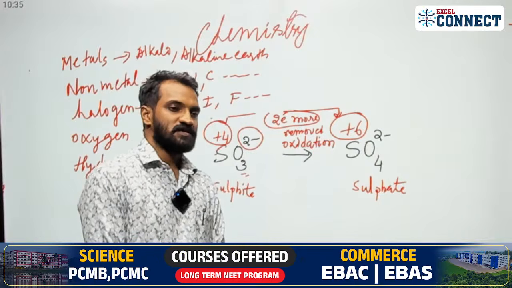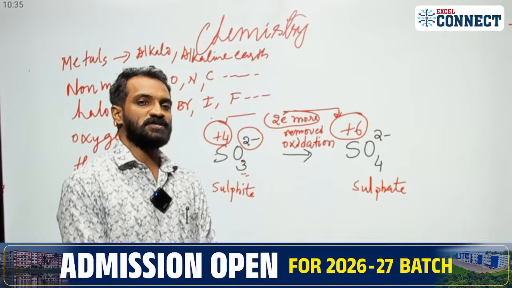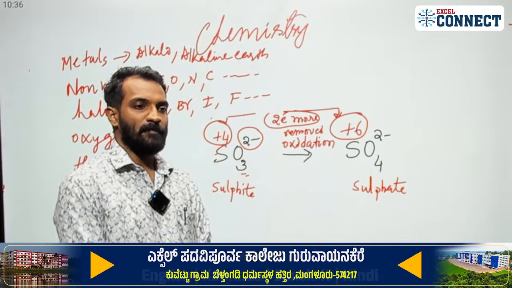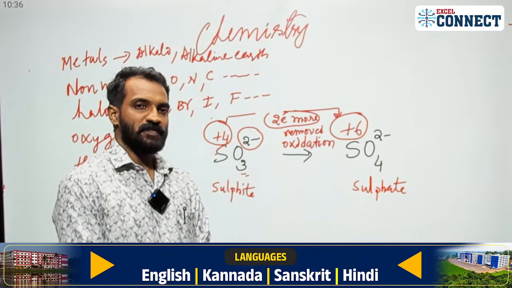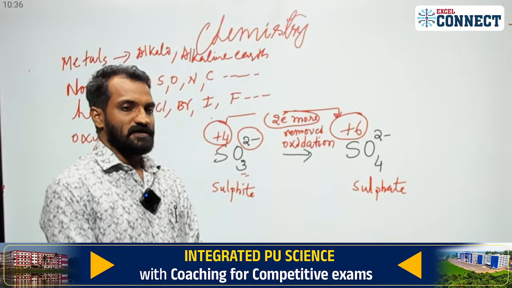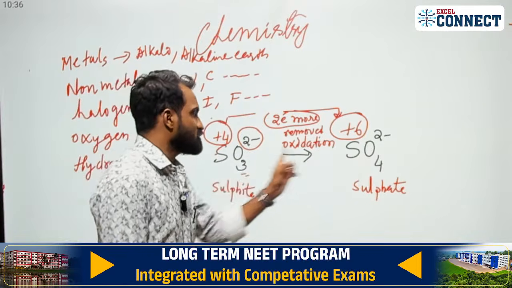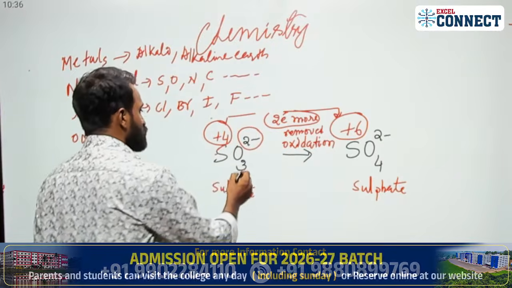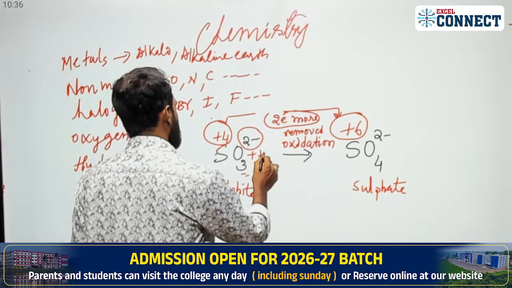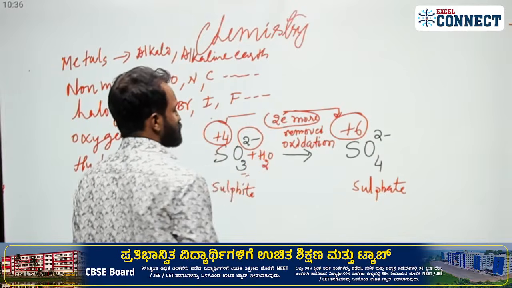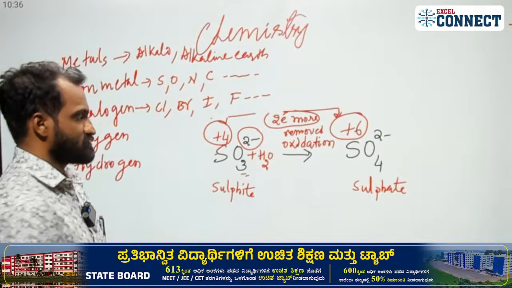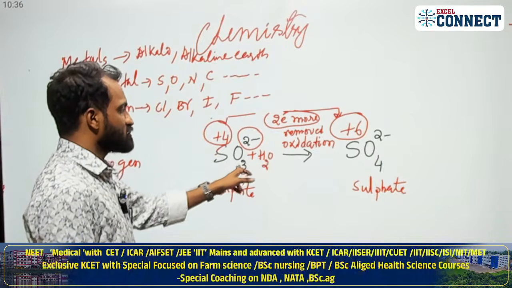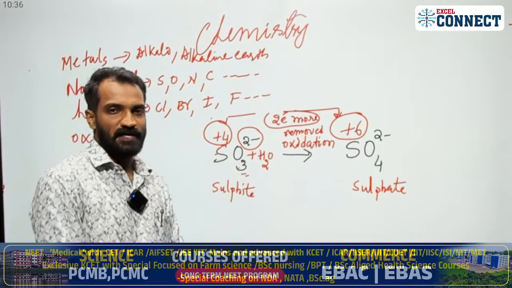Yes, Chirant. Here 4 is there, here 3 is there. 1 oxygen shortage. So in order to balance 1 oxygen, I have to add 1 water here. 1 water contains 1 oxygen. So here 1 plus 3, 4 oxygen balanced.